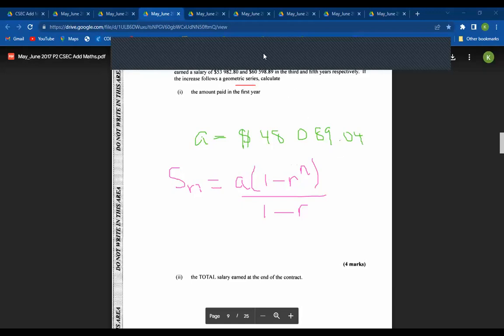So in order to use this formula, we need to go find R. How would we do that? This is why I should have done this question together in the end. I know that these are my 2 equations. This R squared is equal to 539828.80, and there was this other equation, 80598.89, from before.